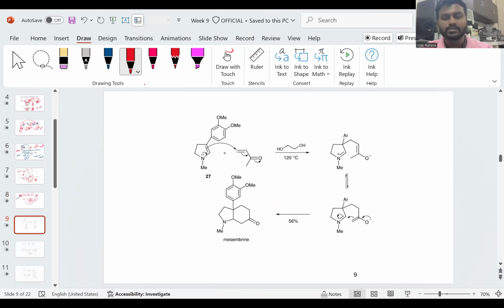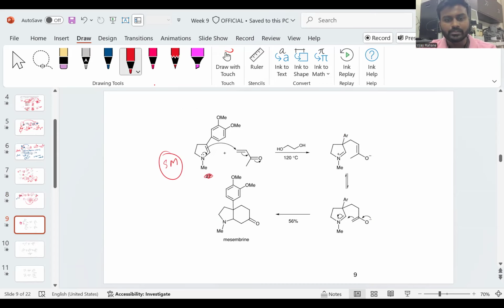So, if you look at some examples of such chemistry, this is a simple one. If you look at the conditions they have used, this is compound 27, the starting material, and upon treating with our ketone, what is formed?